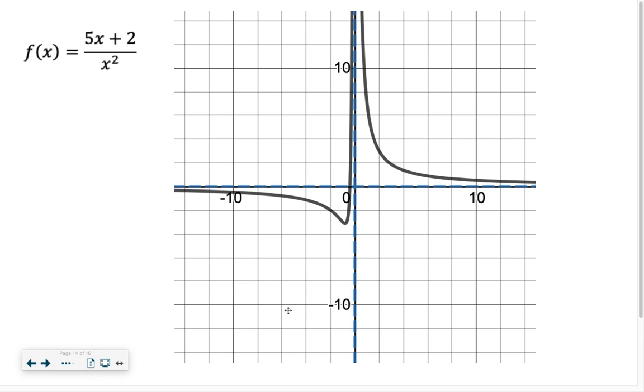This is the equation 5x plus 2 over x squared, where y equals 0 would be my horizontal asymptote because the degree of the numerator is less than the degree of the denominator. But notice this piece of the graph crosses that asymptote right there. And then as we go to negative infinity, it won't cross it again. But it is possible for a graph to cross horizontal asymptotes.